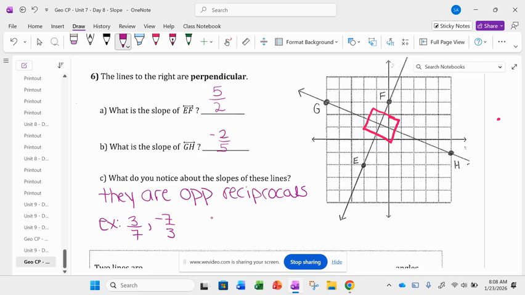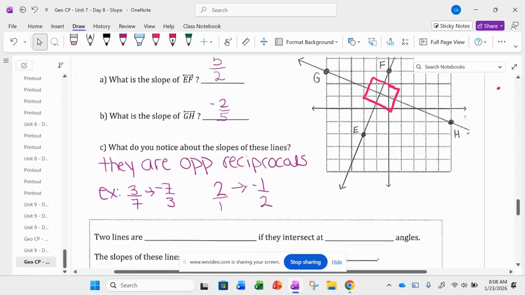What about the opposite reciprocal of 2? What's the opposite reciprocal of a positive 2? This one's a little bit trickier. Leilani? Perfect, because really that 2 can have a denominator of 1, so it would be a -1/2. Do we all understand how to make opposite reciprocals?